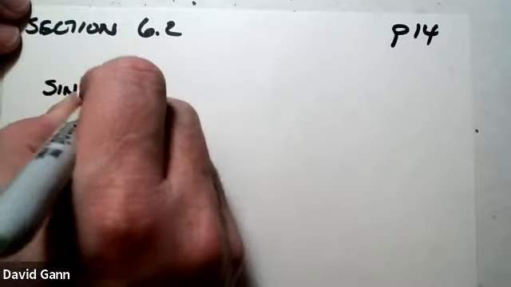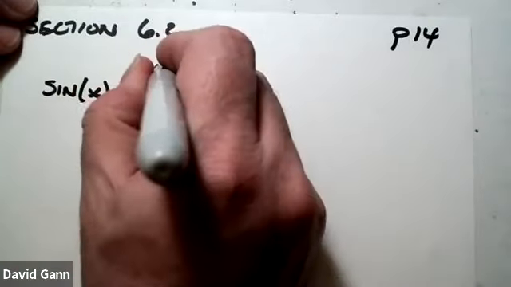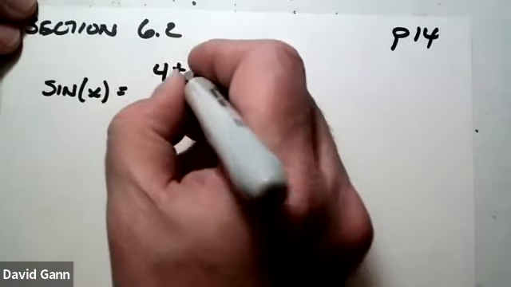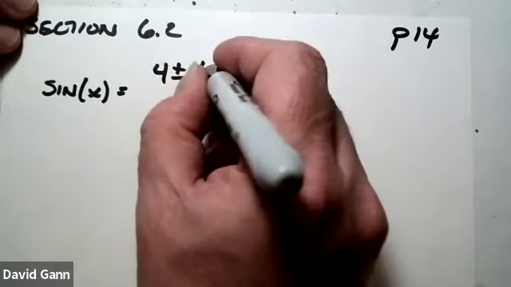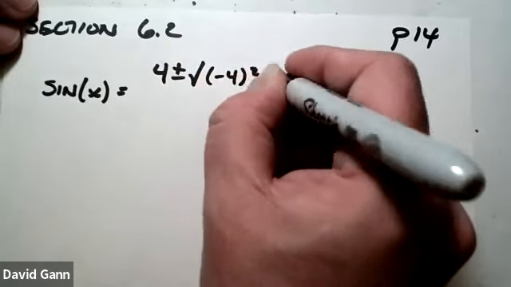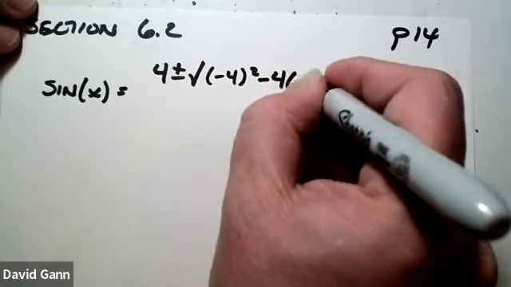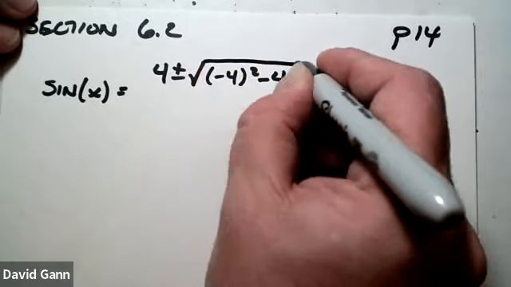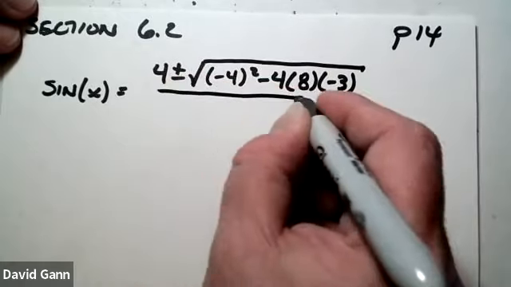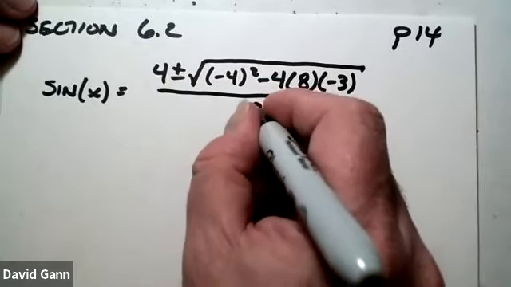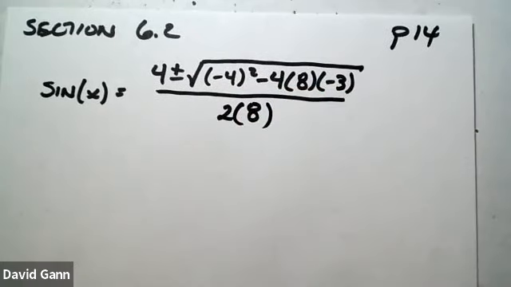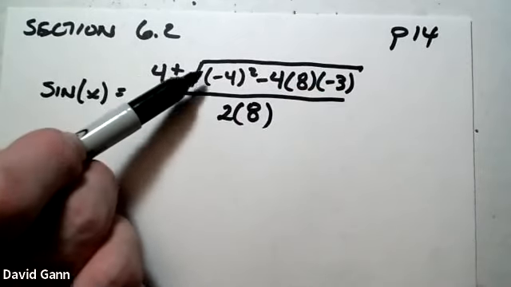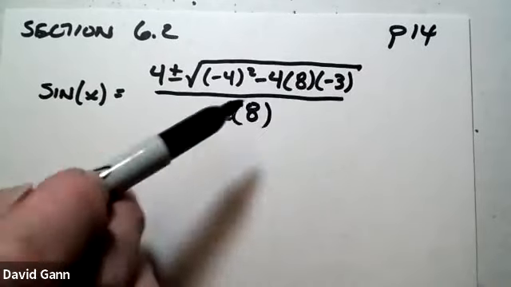We've got, okay, so sine of x is going to be equal to 4 plus or minus the square root of negative 4 squared minus 4 times 8 times negative 3, all over 2 times 8. Okay, so negative b plus or minus the square root of b squared minus 4ac over 2a.